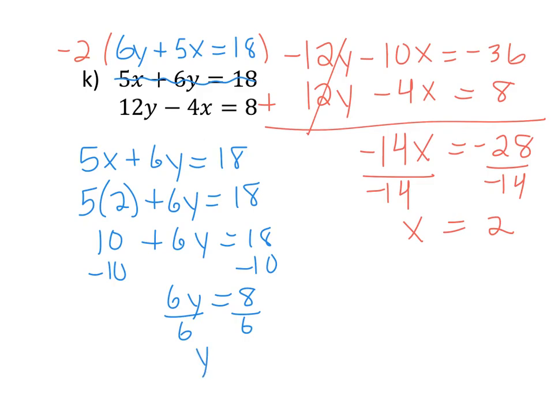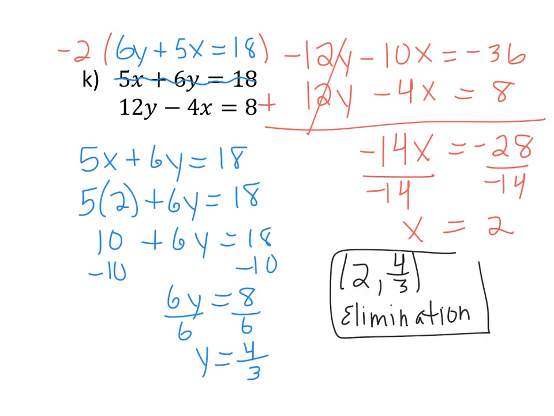I'm just going to keep it as a fraction in simplest form. And I'm left with 4/3. You can absolutely leave it improper, and I suggest you do that. So 2, 4/3, and I chose to use elimination. Okay, you should be able to do the rest of them on the note sheet.